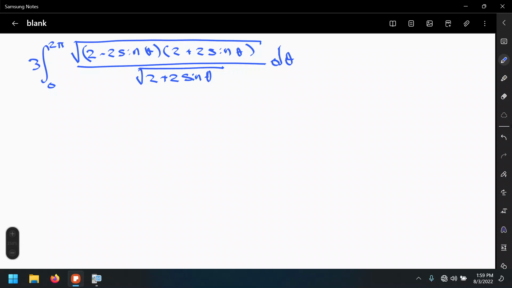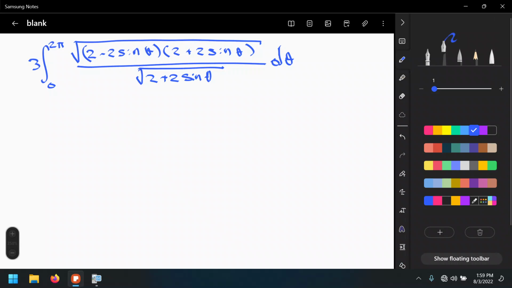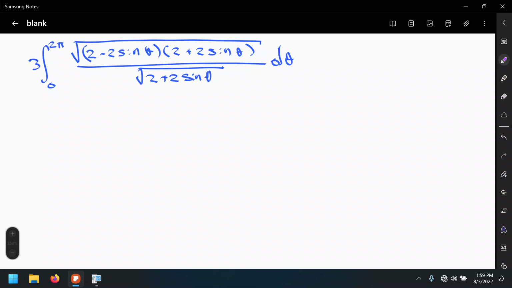One thing that you might want to observe, of course, is that inside of the radical in the numerator, our first thought may be to FOIL, but notice this is of the form of a difference of squares, a backwards difference of squares, something like a minus b times a plus b, which is the same as a squared minus b squared.